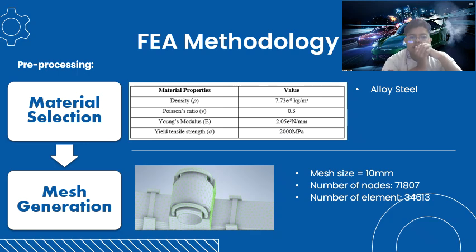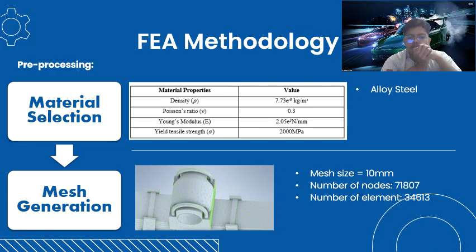Before the analysis, the 3D model must be divided into smaller elements to allow detailed numerical computation. Critical regions, especially the load application areas, require a finer mesh to enhance accuracy. So, the mesh details that have been generated: first is mesh size at 10 millimeter.